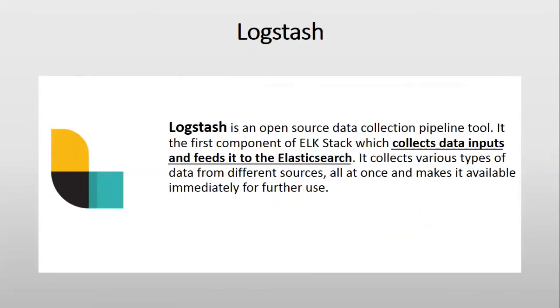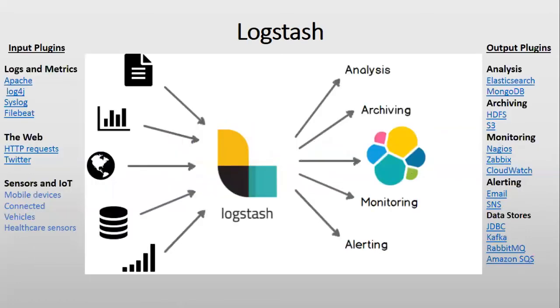It is the first tool which takes the input from the documents, processes it, and feeds it into the next tool, Elasticsearch. Next, we'll discuss Logstash in detail: what it is, what its components are, and what its input plugins and output plugins are. That will be covered in the next session.